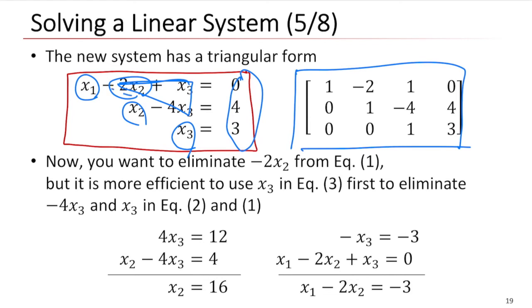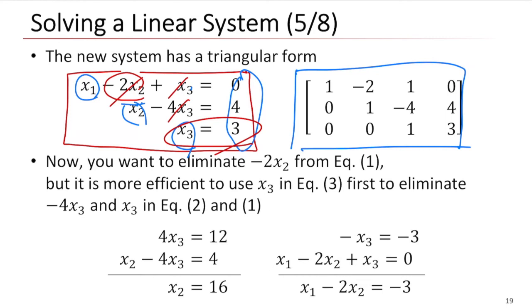So we want to eliminate the negative 2x2 first, right? But if there is a more efficient way, we want to do it like this. So what do we do first? Rather than eliminating the negative 2x2, we start from here. I mean, if we eliminate this part first, and then finally eliminate this part, it will be more efficient. Okay, how can we do that?